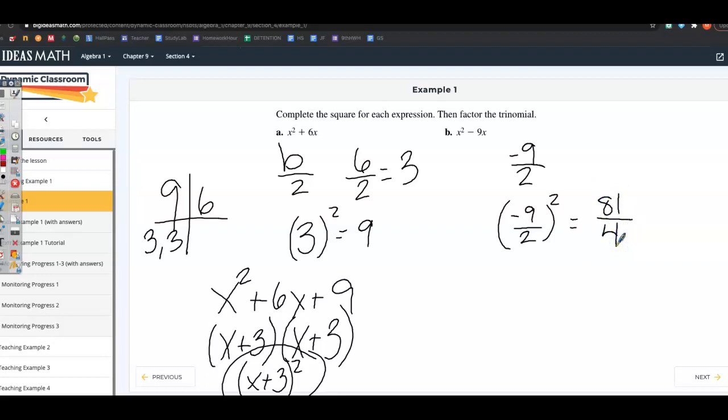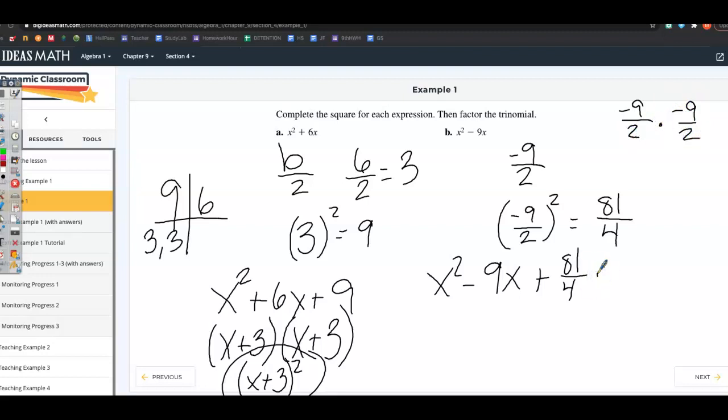Okay? So then we would have x squared minus 9x plus 81 over 4. Now, can we factor that very nicely? No. But if we took negative 9 over 2 and negative 9 over 2 and multiplied these two, would I get this? Yes.